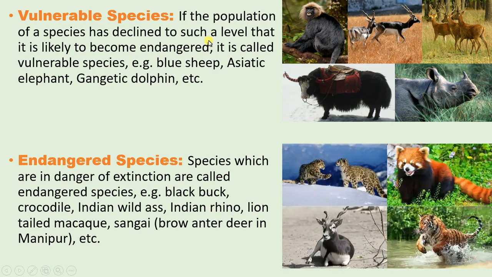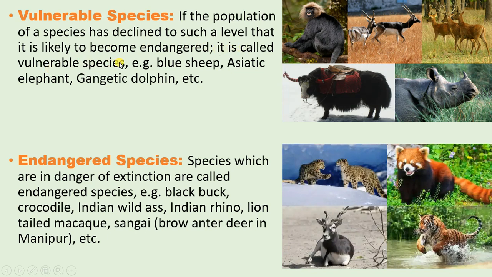Vulnerable species. If the population of a species has declined to such a level that it is likely to become endangered, it is called a vulnerable species.